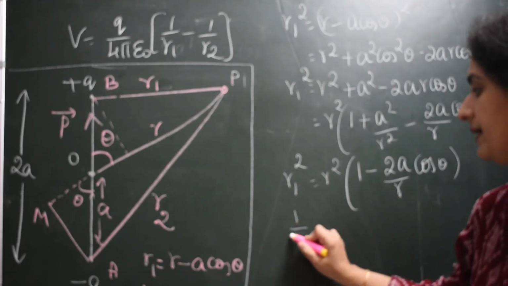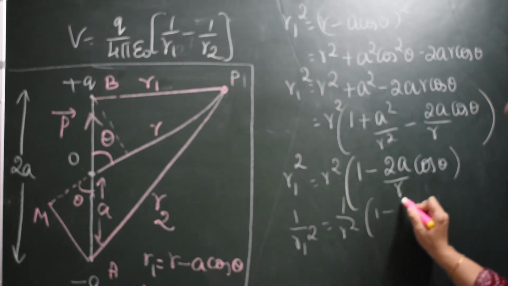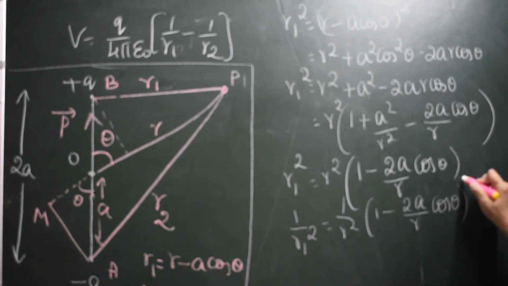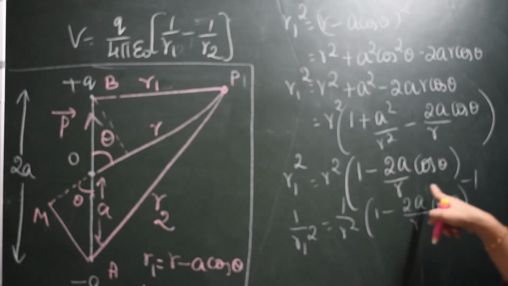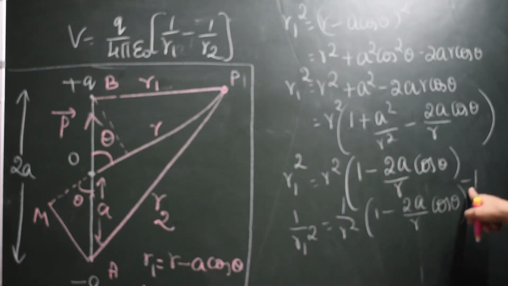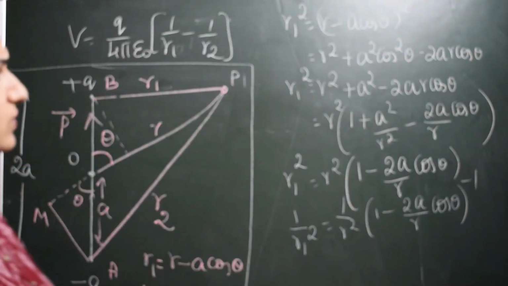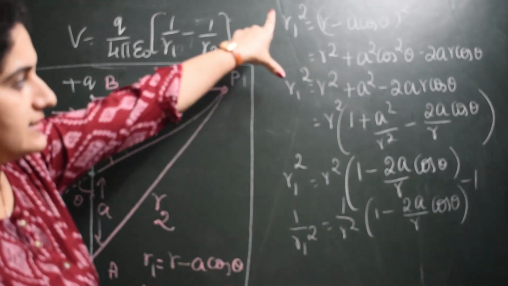It is 1 by R1 square is equal to 1 by R square into 1 minus 2A by R cos theta to the power of minus 1. Reciprocal. So instead of writing 1 by the whole term, I have written it like this, to the power of minus 1. Okay. So once you know this, it is simple. So let me erase this again.